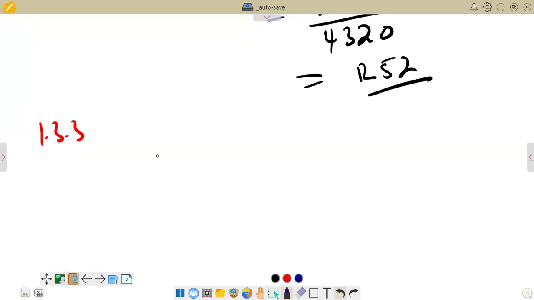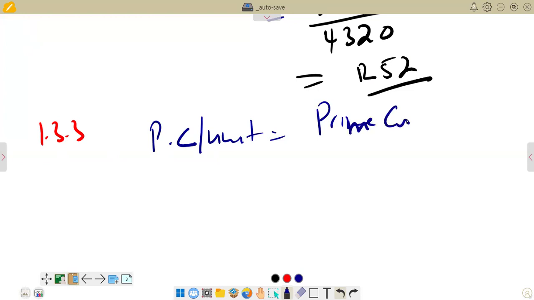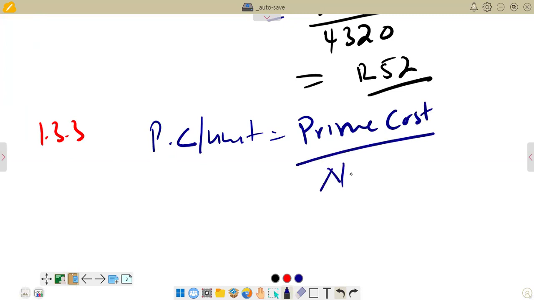The formula that we are going to use for prime cost per unit is prime cost over number of units.